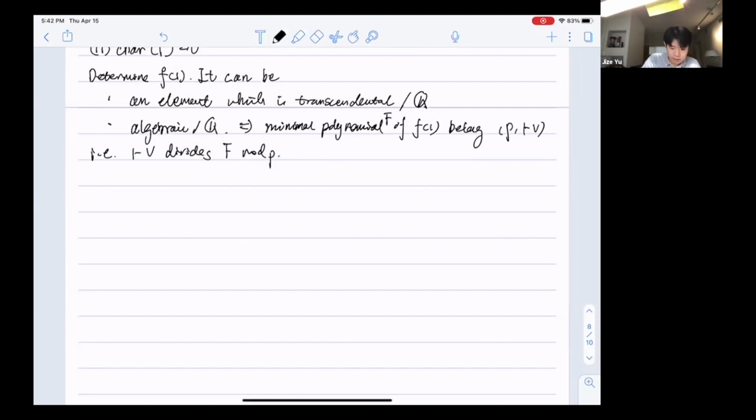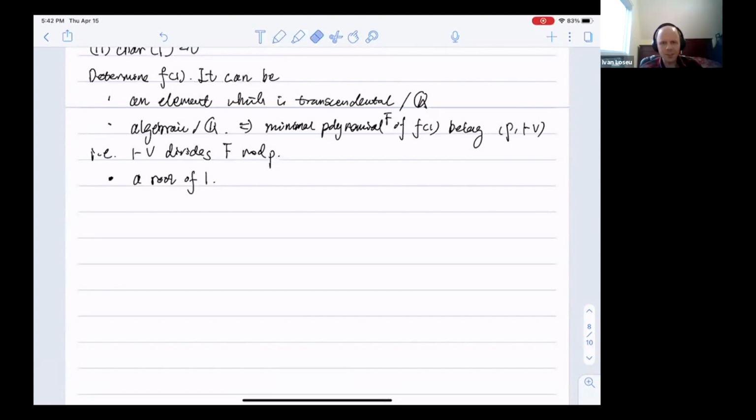Okay. So the third possibility is it can be a root of unity. So in this case, it is like a special case of the second possibility. This is exactly a special case, which is a very interesting case.